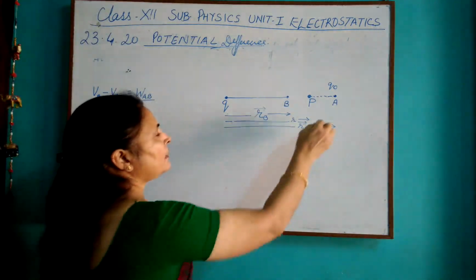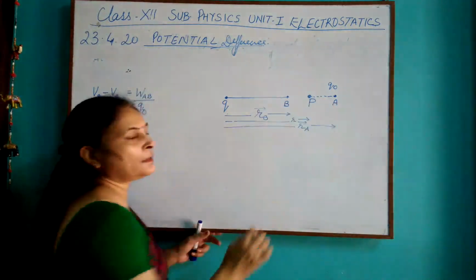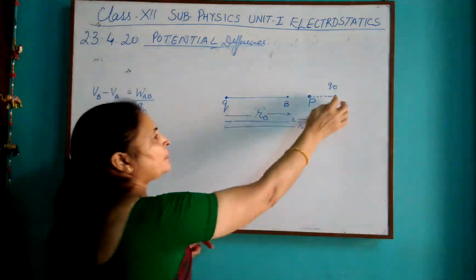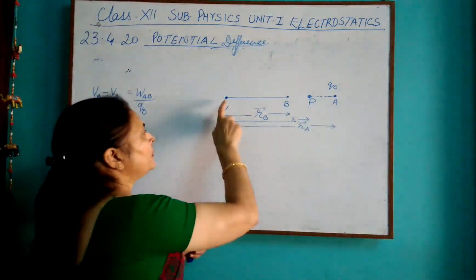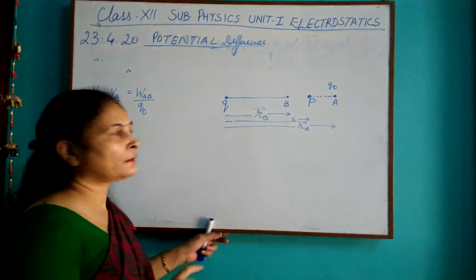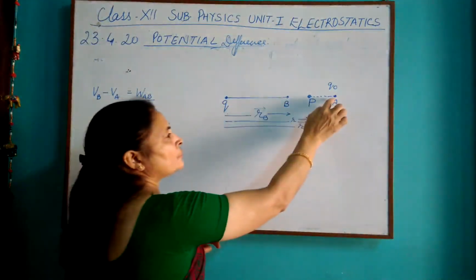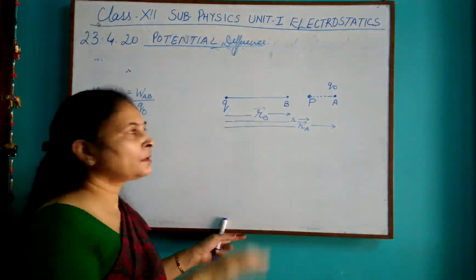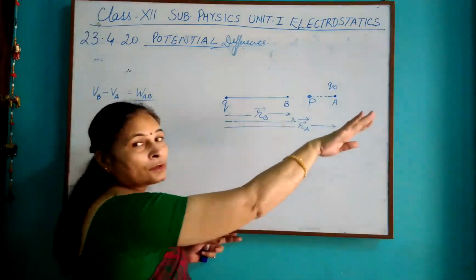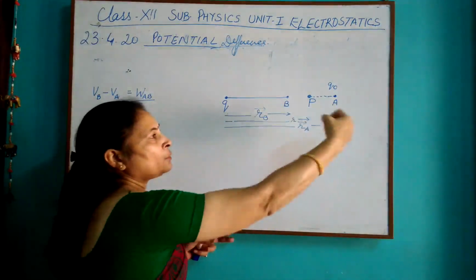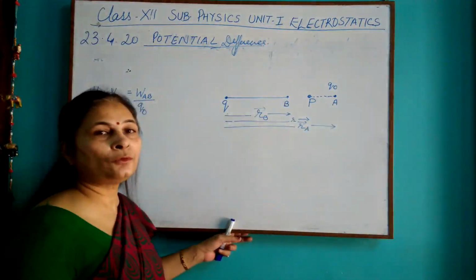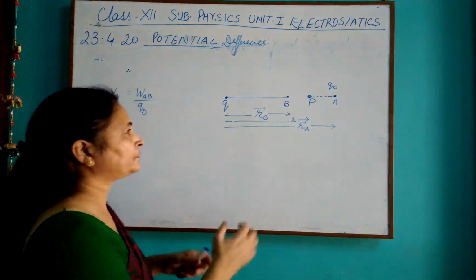The reason being, see, this point A is in the electric field. I'll put a test charge. This is already a charge over here. This is going to exert a force on Q naught in this direction. So to bring it back towards the charge, I'll have to do some work.